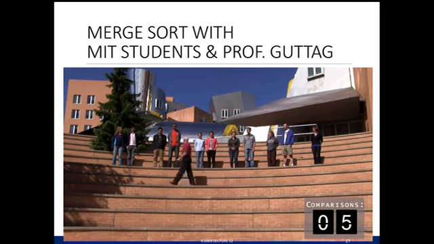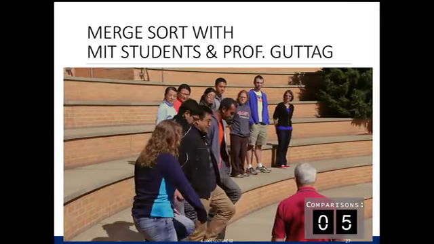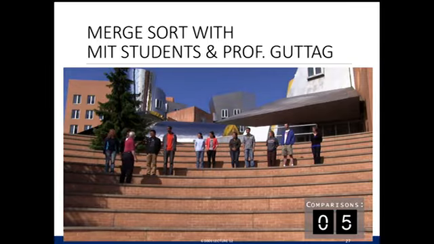So let's have these 2 step forward. And now what we're doing is we're doing a merge of the 2 sorted groups. So we start by merging them. We'll take the leftmost person in this group and compare her to the first person in this group and decide she's still the shortest.